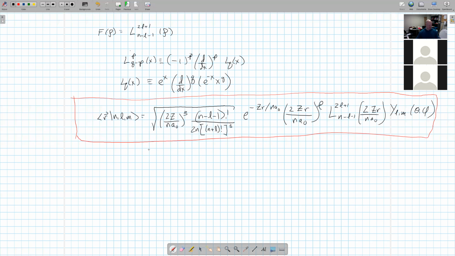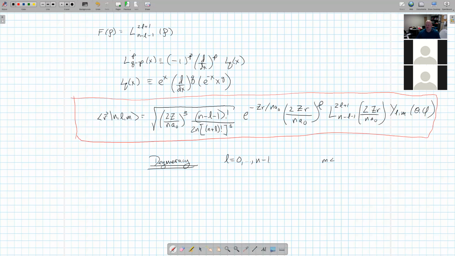The last thing we're going to talk about real quick, because we're almost out of time, is the degeneracy of this thing. As we talked about, l can be anywhere from 0 up to n minus 1. And we know m can go anywhere from minus l to l. So this thing has a whole bunch of degeneracy.